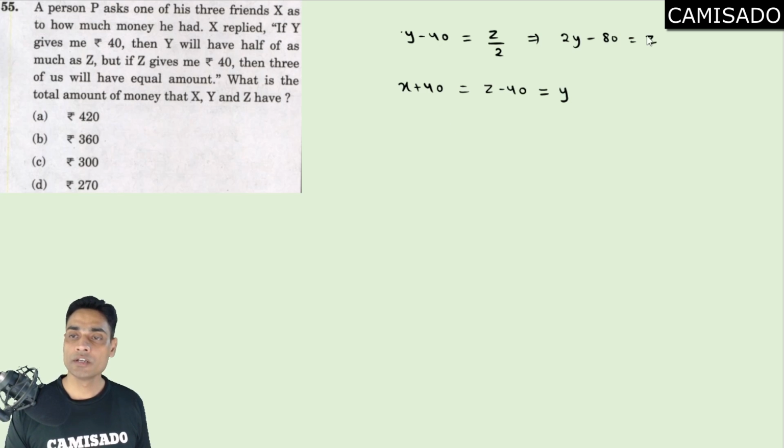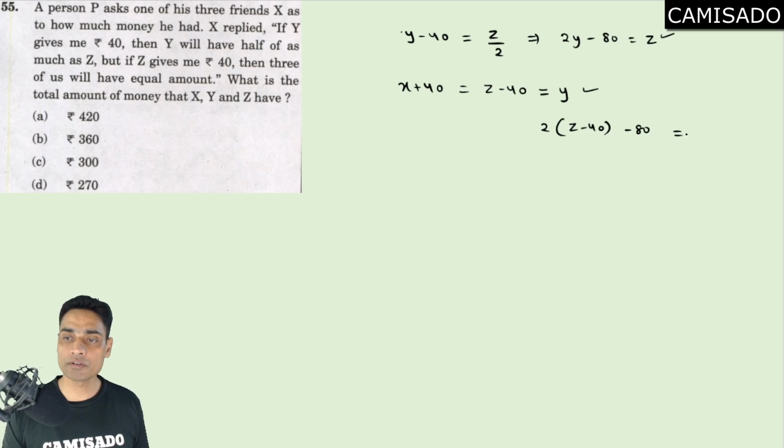So this and this, when you solve it, you will get 2 times Z minus 40, minus 80 equals Z. 2Z minus 160 equals Z, so Z equals 160. The value of Z is 160.